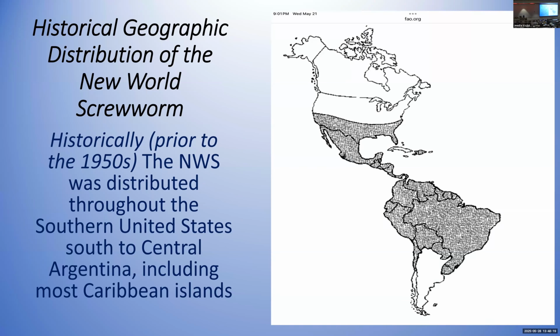In the Dust Bowl era, we moved a lot of livestock from west to east, and the screwworm fly was introduced to Florida back in the 30s. Prior to the 50s, it was kind of I-40 south to Argentina. Pretty significant landmass there.